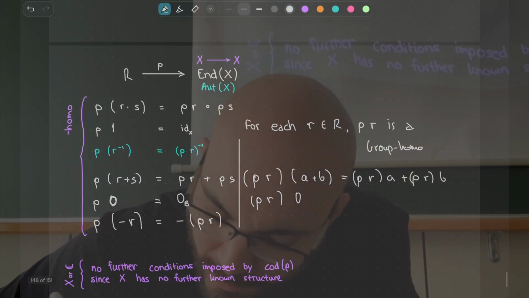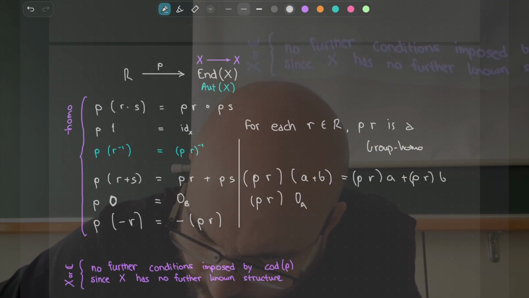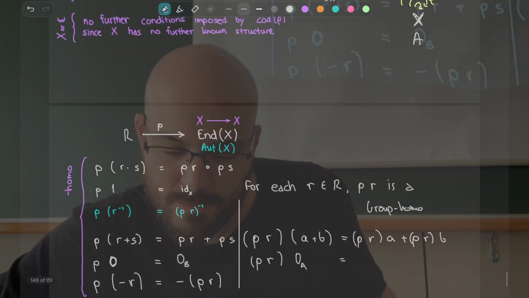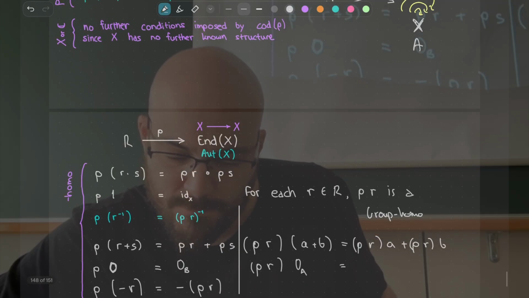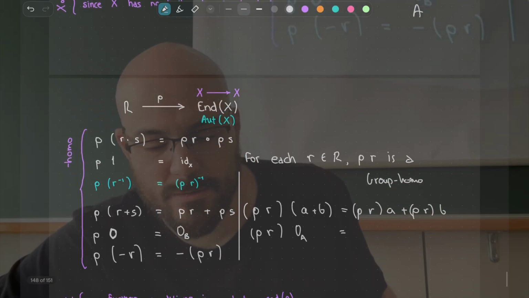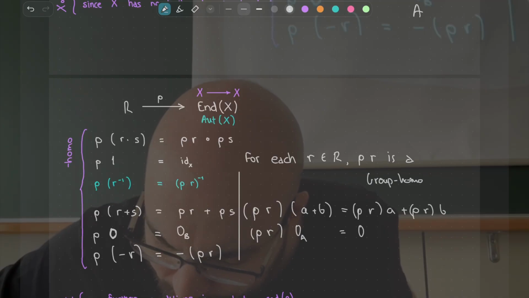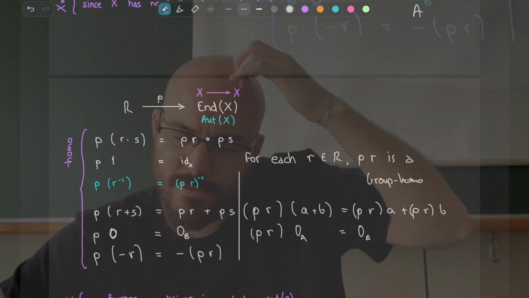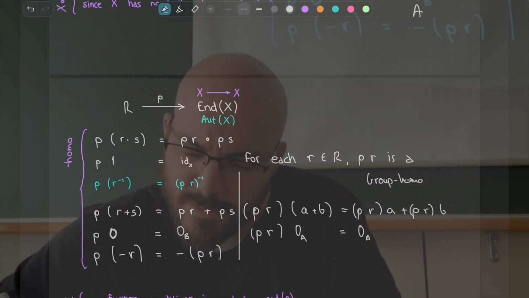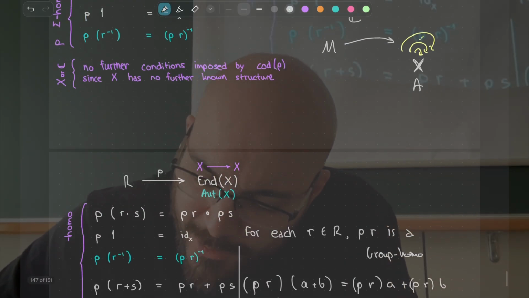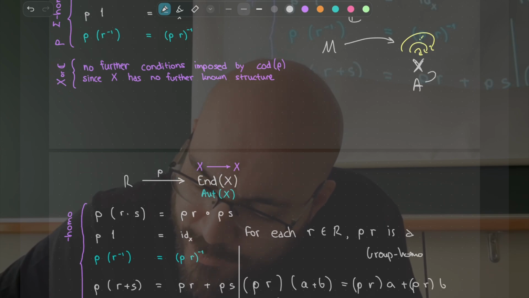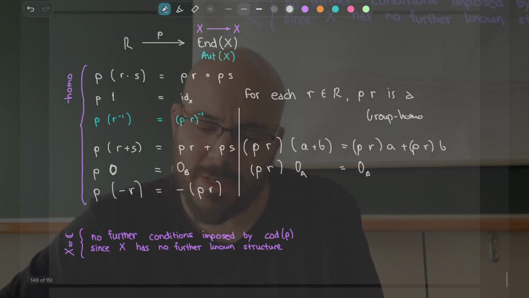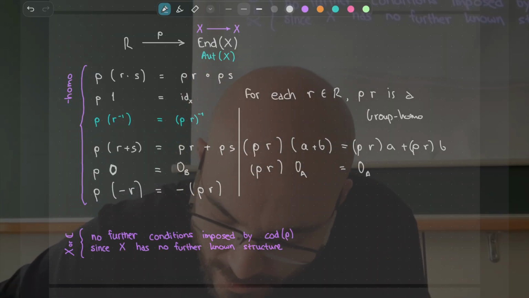So rho of R applied to the 0 of A is equal to the 0 of A. Is that it? I'm in the group A here, looking at arrows from A to A, so it's the 0 of A, I think.